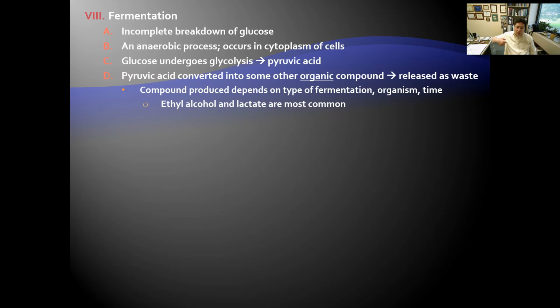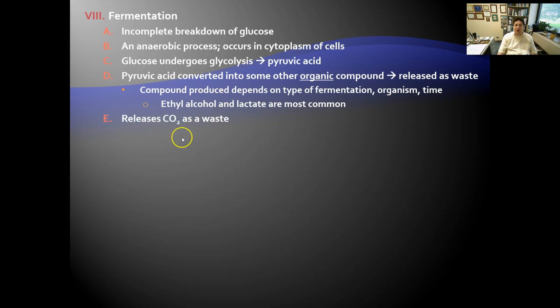This is because you're working those cells so hard that you can't get enough oxygen to them quickly enough to undergo cellular respiration. So instead, those cells have to switch to fermentation, an anaerobic method. The pyruvic acid in your cells is converted to lactic acid, which can build up and in extreme cases could lead to death. It's called lactic acidosis.